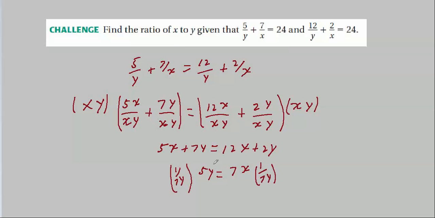So over here, the y's will cancel and we'll get 5 over 7. And over here the 7's cancel and we get x over y. Well, I think that's what we were looking for, right? The ratio of x to y. And the answer is 5 over 7, or 5 to 7. Merely just a bunch of algebra.